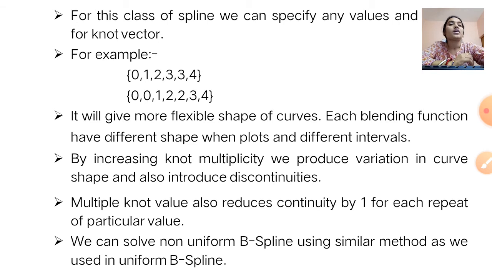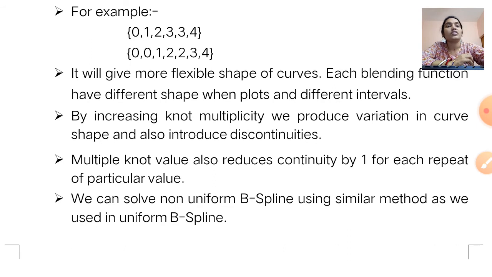By increasing knot multiplicity, we produce variation in curve shape and also introduce discontinuities. Multiple knot values also reduce continuity by 1 for each repeat of a particular value.